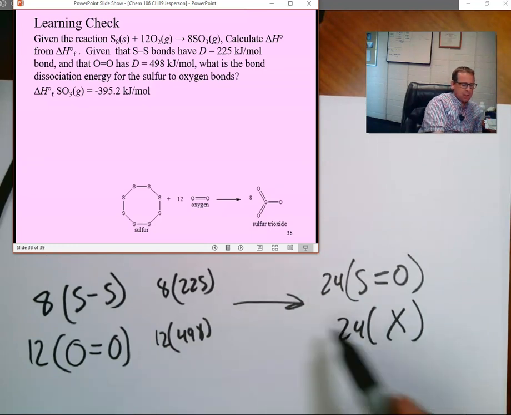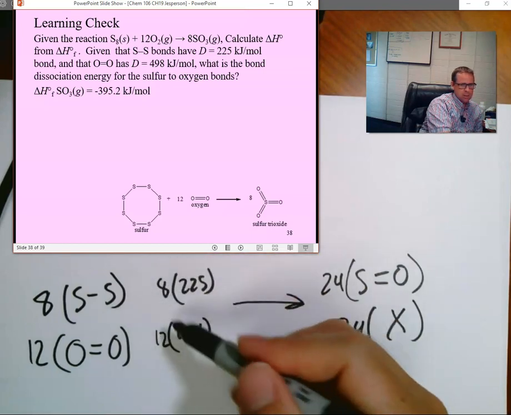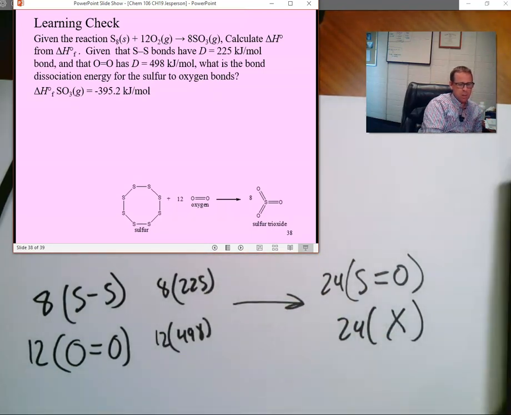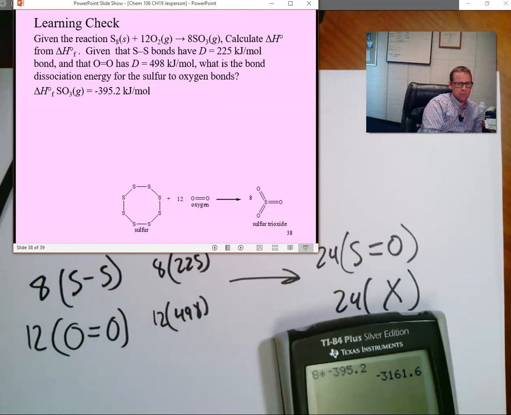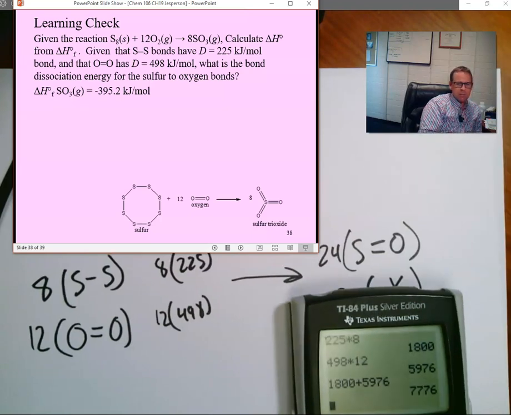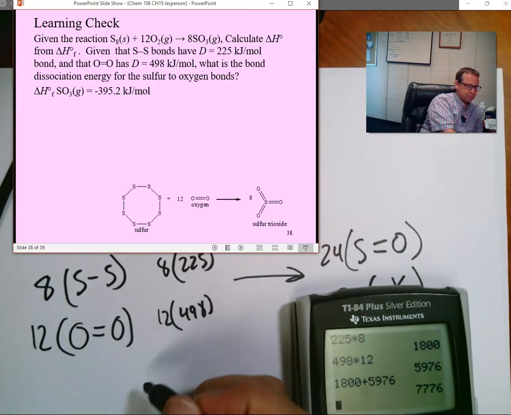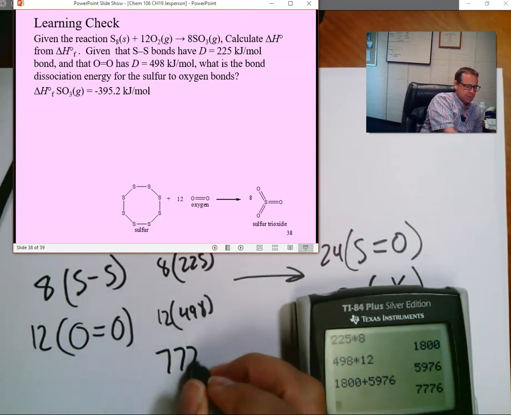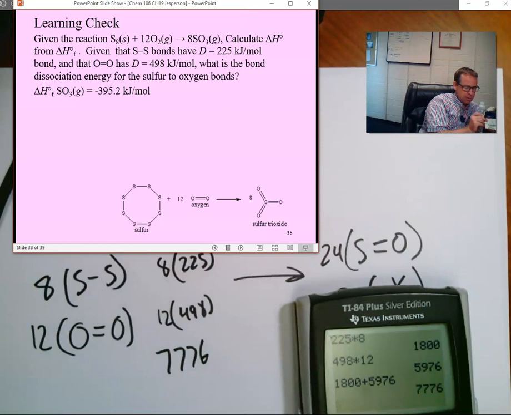Now I know that in this case, reactants minus products, the way that our bond dissociation energies are positive, I can take my 225 times 8 and my 498 times 12, combine these two together, 7,776.